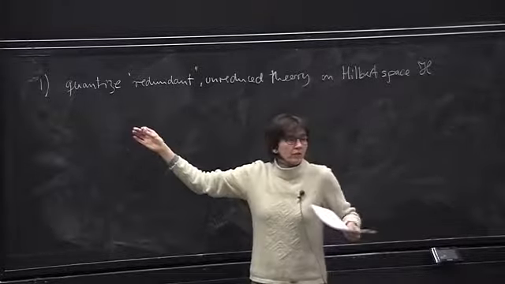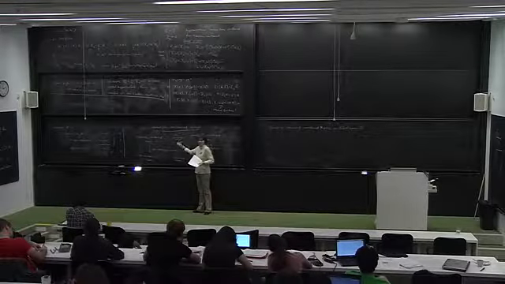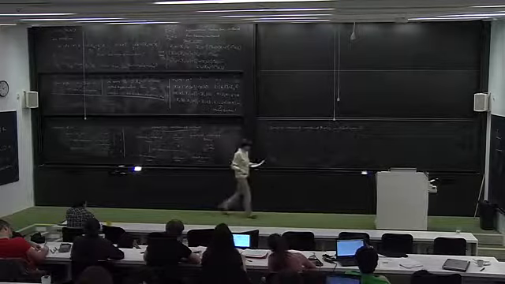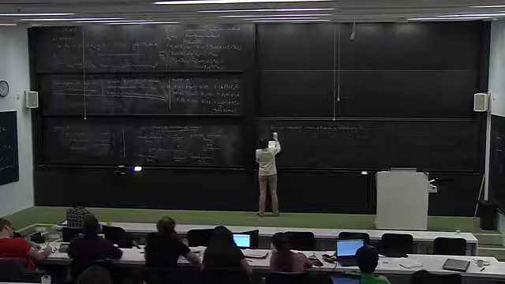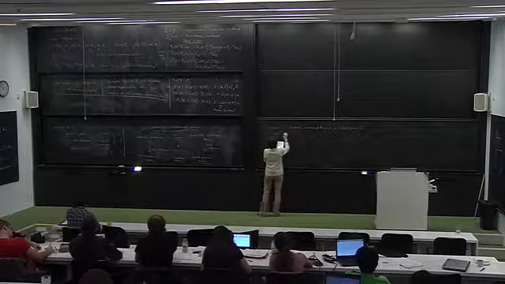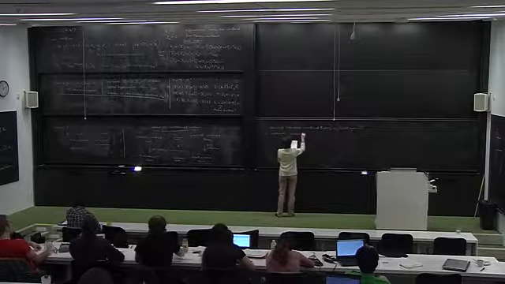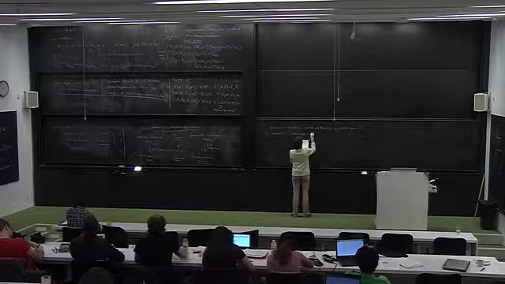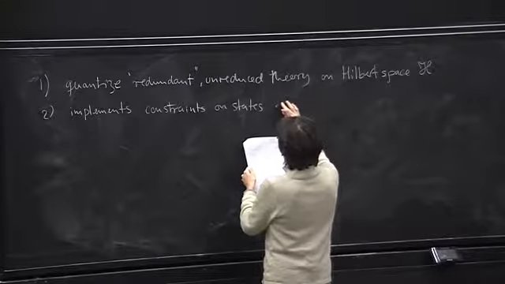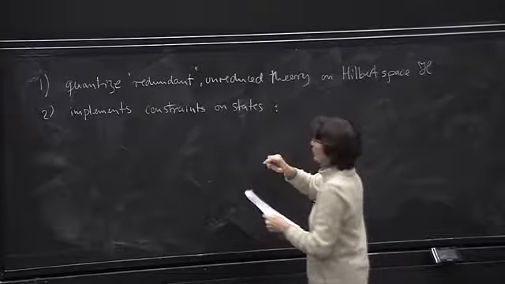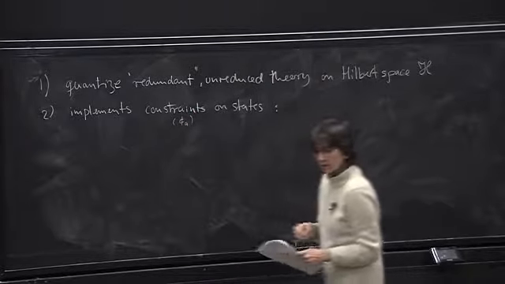So one pretends that this is just a physical theory and applies to it whatever standard quantization procedure is at hand. One then implements the constraints on states. Let me revert to my notation of constraints classically as phi A, what we had yesterday.